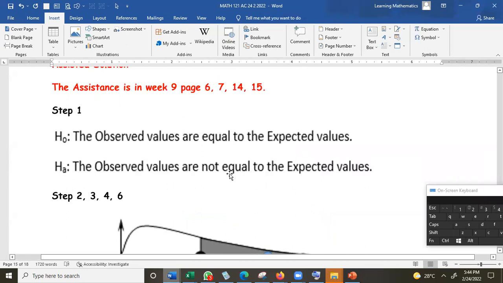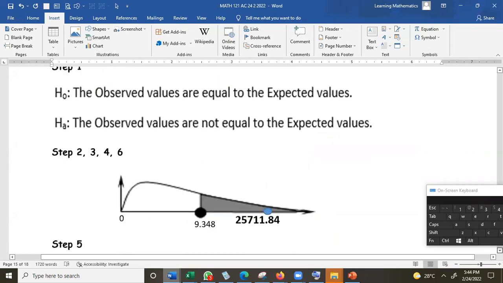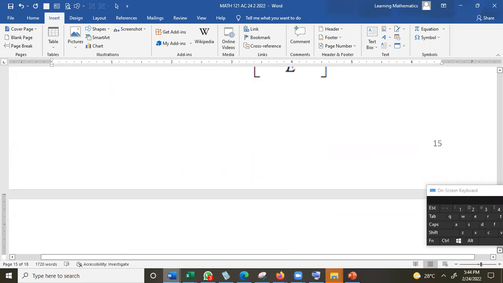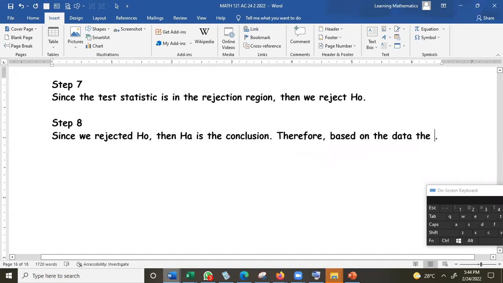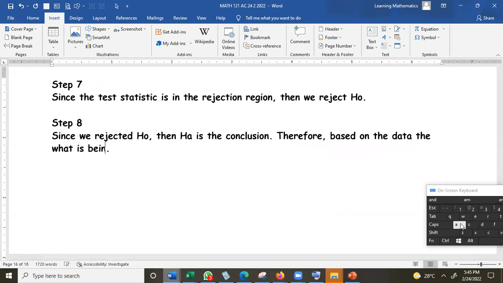The observed values are not equal to the expected values. Simple as that. So there was variation. What you're observing is not equal to what you expected. Therefore, based on the data, what is being observed is not what was expected. You can rephrase it, it means the same thing.